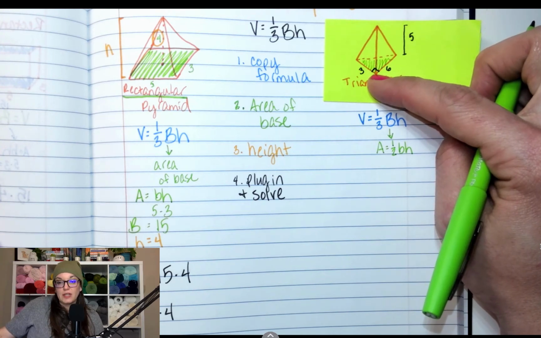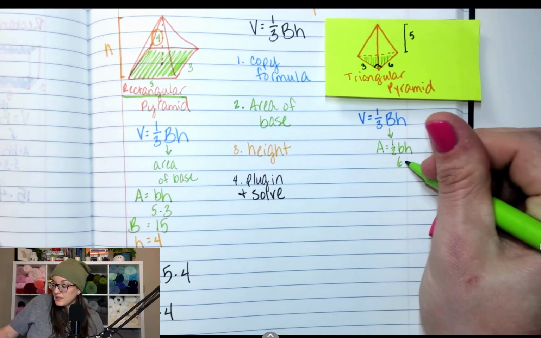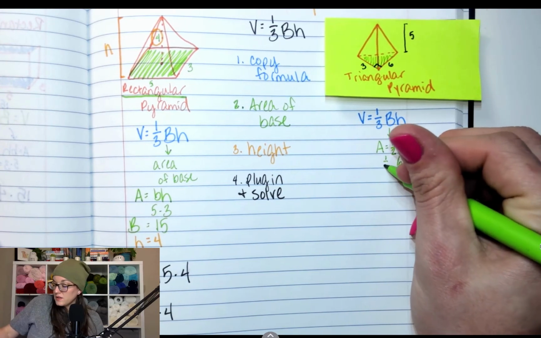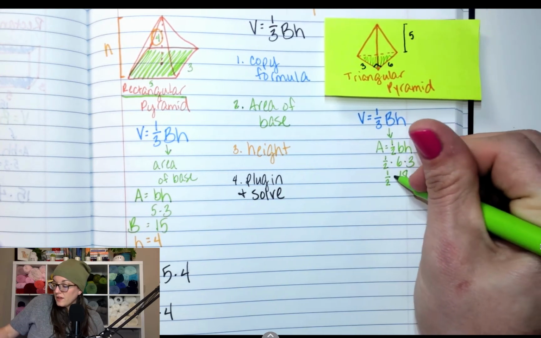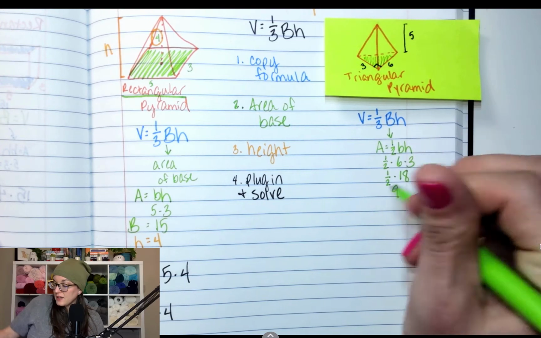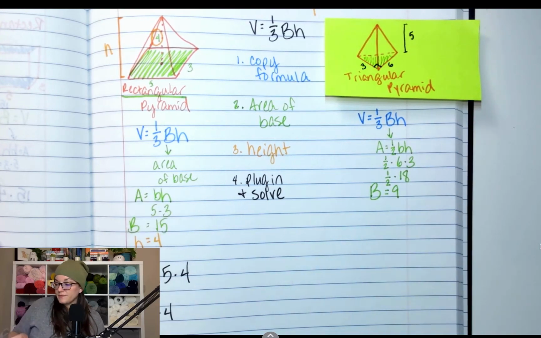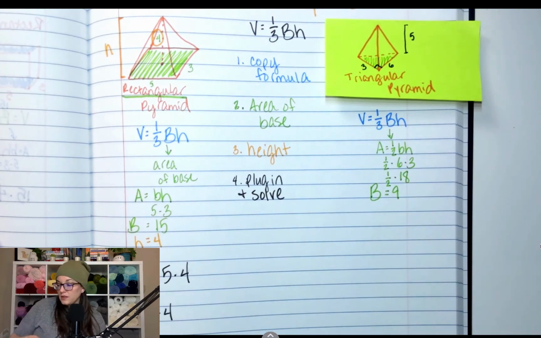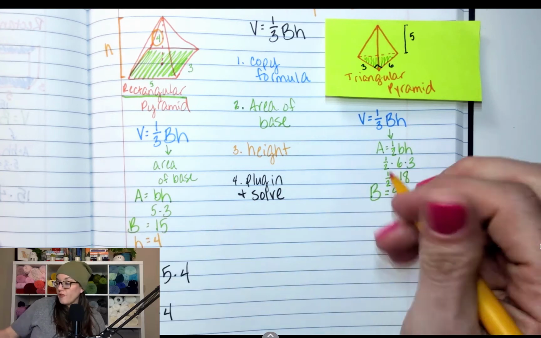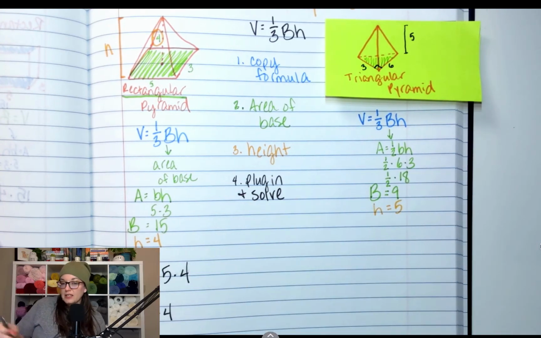So what is the area of that green triangle? 9, because 6 times 3 is 18, and half of 18 is 9. So capital B is 9. Now, what is the height of this pyramid? 5. H is 5. Now we need to plug it in and solve.